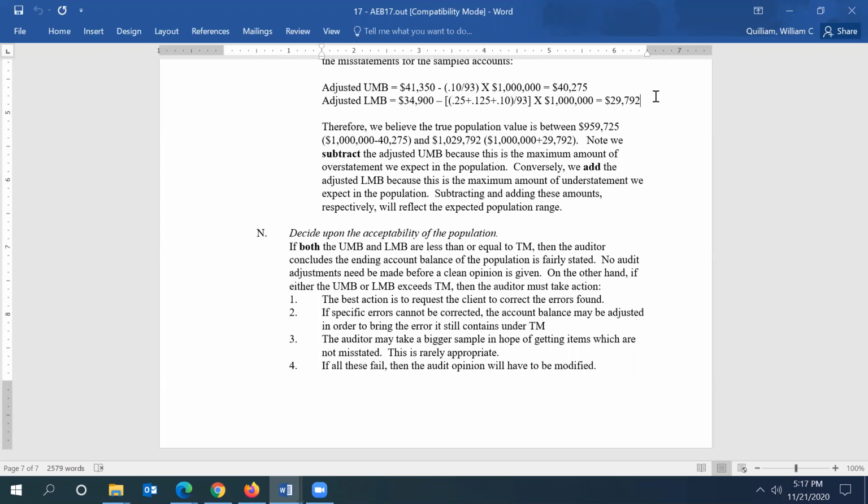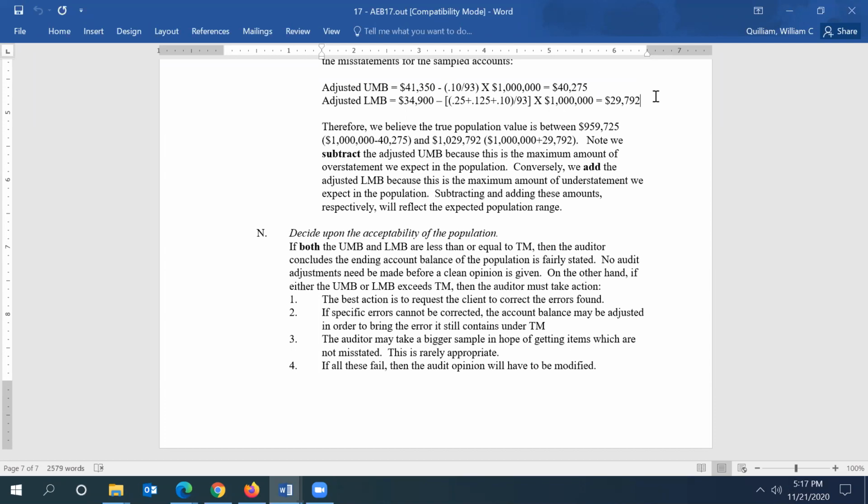So just under that, therefore, we believe that the true population value is between $959,725 if we subtract off the upper misstatement bound, because that's how much overstatement could be in the population, and $1,029,792 if we add back how much understatement could be in the population. So notice we subtract the adjusted upper misstatement bound because that's the maximum amount of overstatement we expect in the population.